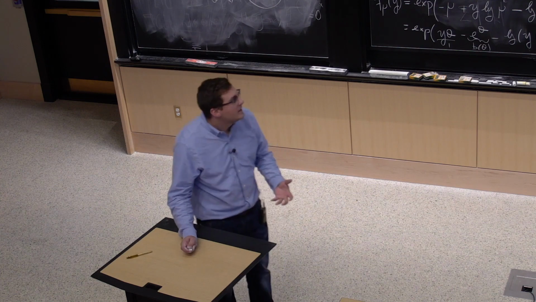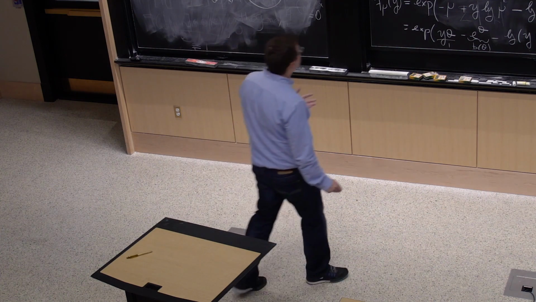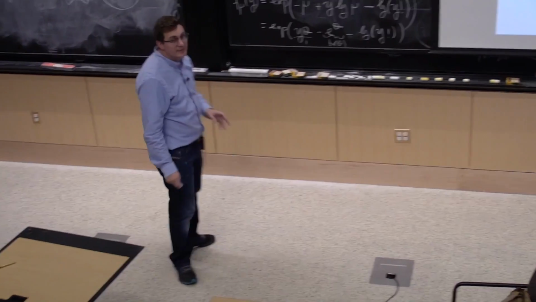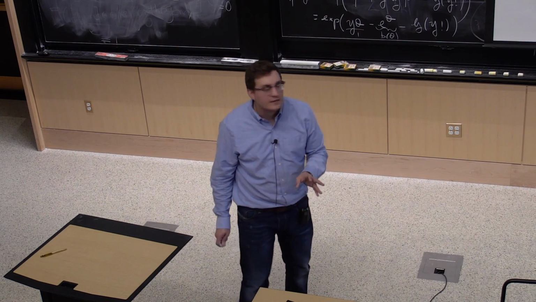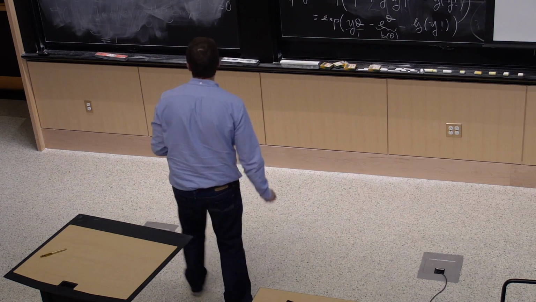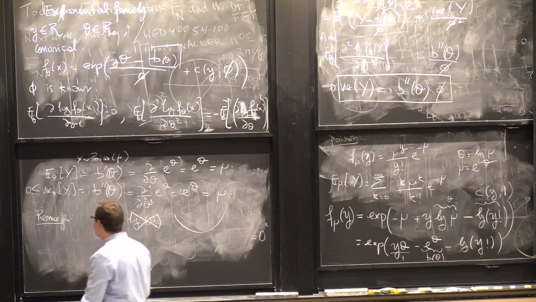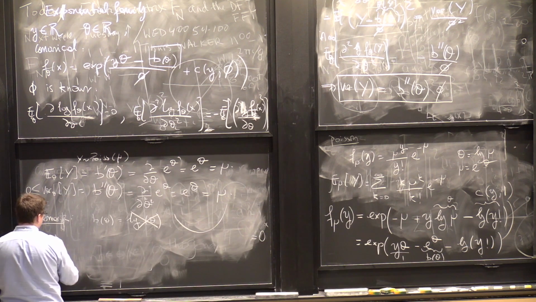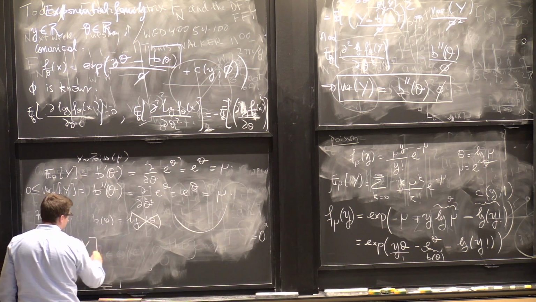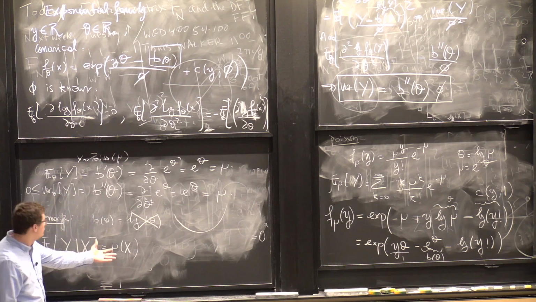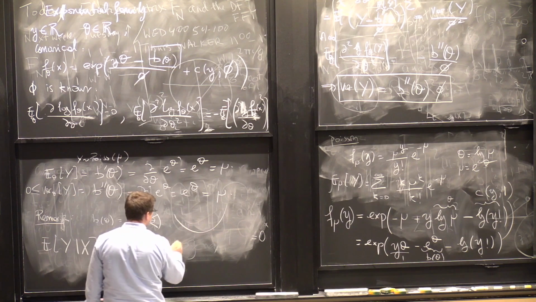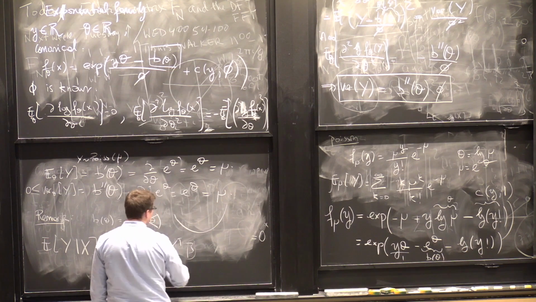What I know is that the conditional expectation of y given x is some mu of x. And when we did linear models, we said this was some x transpose beta.